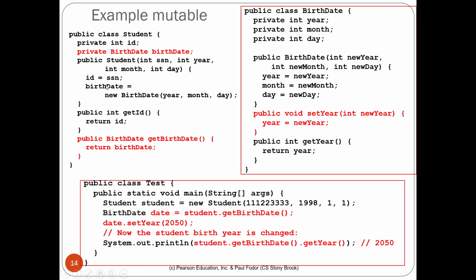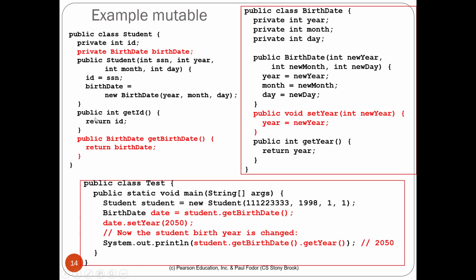In the constructor, you are assigning these values which you get from the user. ID becomes SSN. For birth date, you are creating this object by calling the constructor of this class, this constructor right here. When you say new BirthDate(year, month, day), this specific constructor would be called.